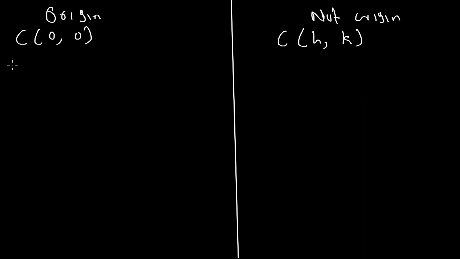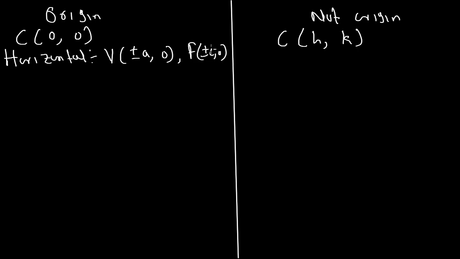For the hyperbola that is centered at the origin, this is like a summary of everything. Centered at the origin and horizontal, I'll just put H for horizontal. The coordinate of the center is 0, 0. The coordinates of the vertices are plus or minus a, 0. And the coordinates of the foci are plus or minus c, 0, if it is horizontal.